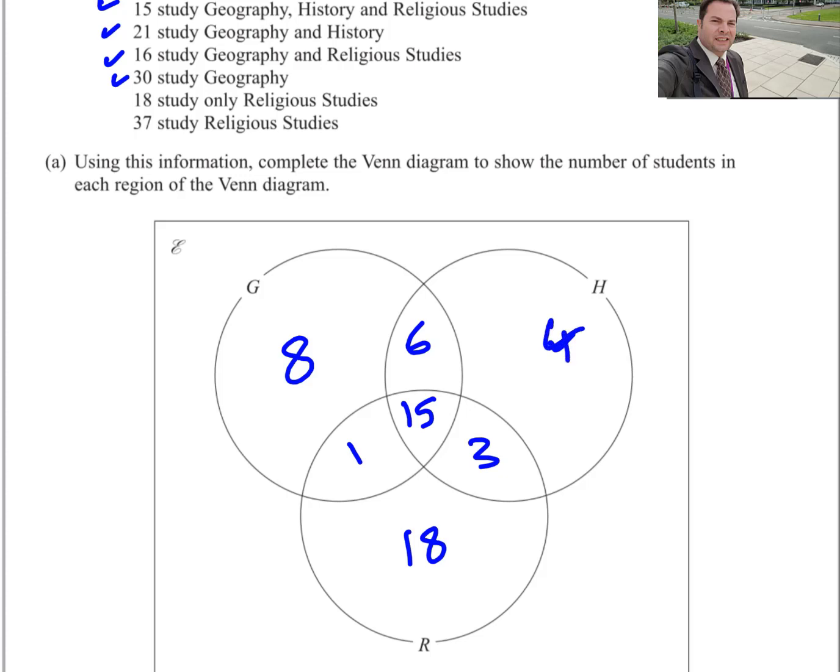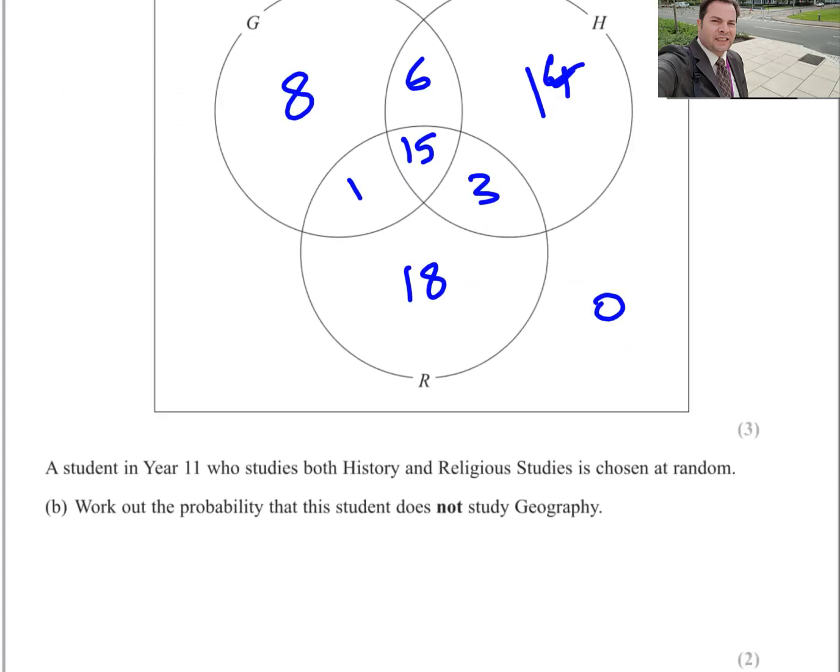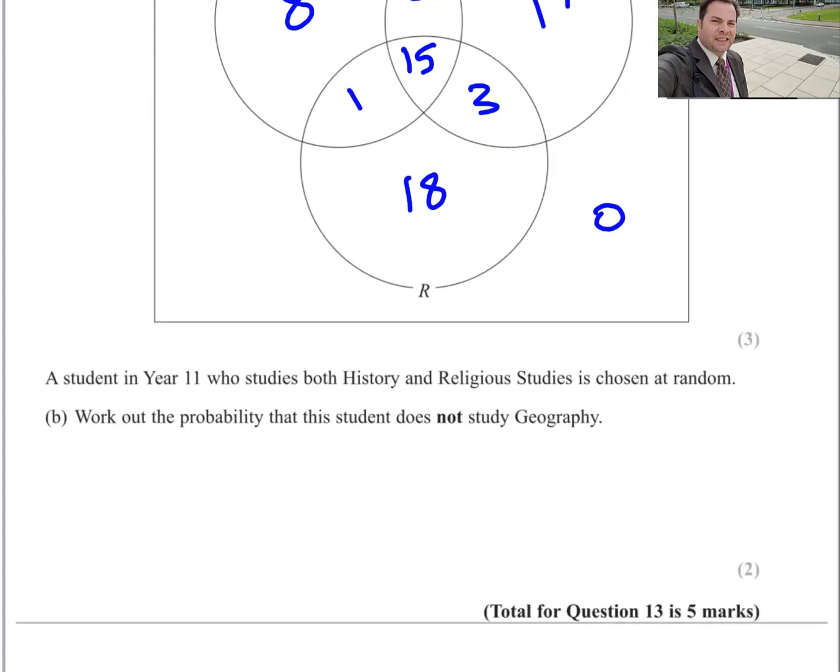So this is 14. As you know, there is no one outside because it's written that they have to study at least one of these subjects. So you can write outside 0. This is part A.